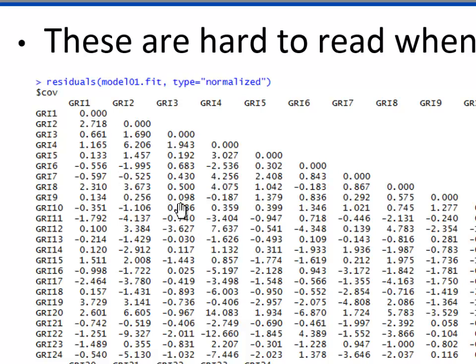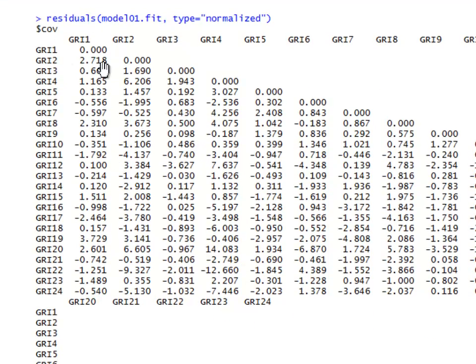And so now you can see each of these covariances. Let's take a look at item 1. GRI1 is item 1. Each of these numbers in this column are the normalized residual between item 1 and each of the other items of the scale itself. So here, 2.718. Hey, isn't that e? Anyway, sorry, coincidence.